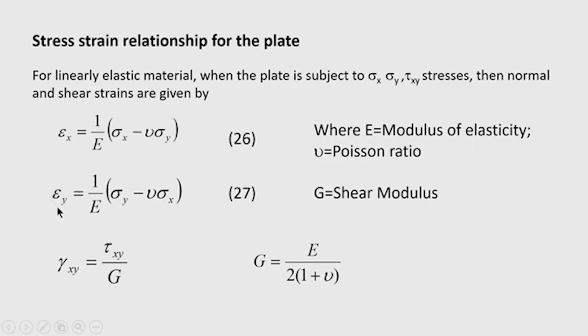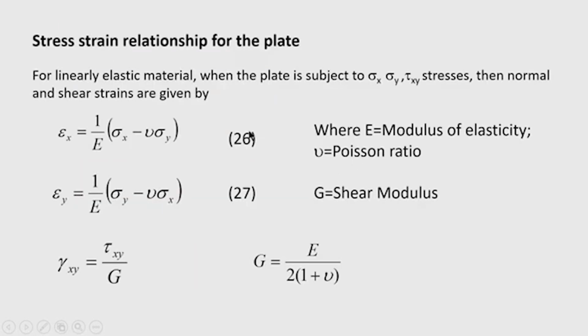Similarly, in the y direction, epsilon y is given by 1 by E into sigma y minus mu into sigma x, and then shear strain gamma x y is equal to tau x y divided by G, where G is the shear modulus and it is given by E divided by 2 into 1 plus mu. You may clearly note that G is dependent on E and mu. So, there are only two independent material constants, that is modulus of elasticity and Poisson ratio.